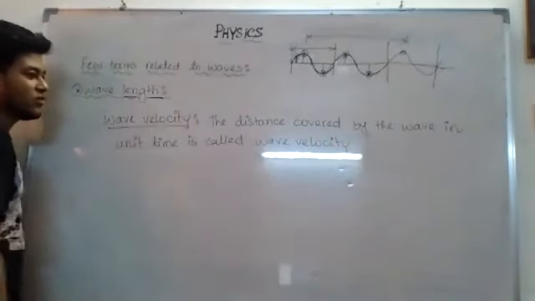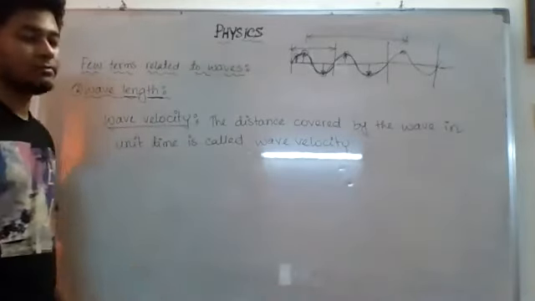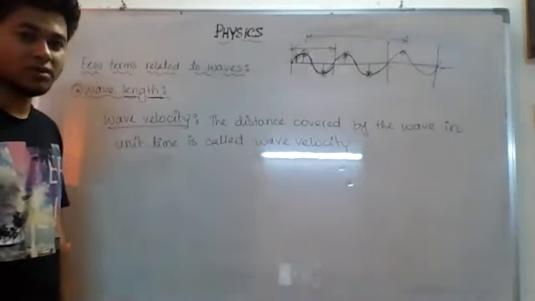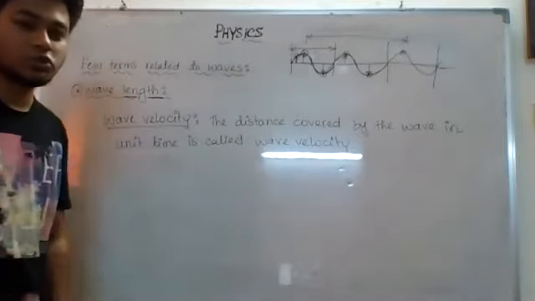Okay, this is wave velocity, the distance covered by the wave in unit time. Unit time means it may be 1 second, it might be 1 minute, it might be 1 hour, depending on whatever you choose.